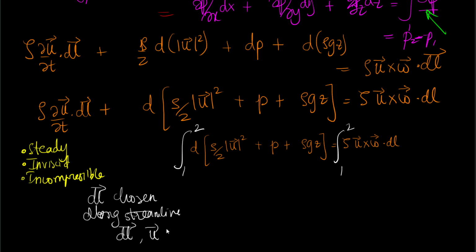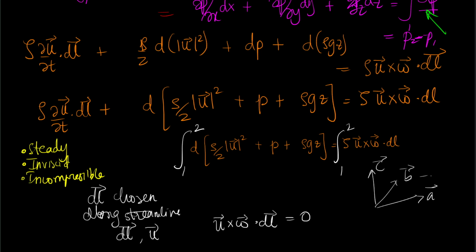So if dl and u are collinear, u cross omega dot dl will become 0, because the interpretation of a cross b dot c is like the volume of the cube formed by a, b and c.